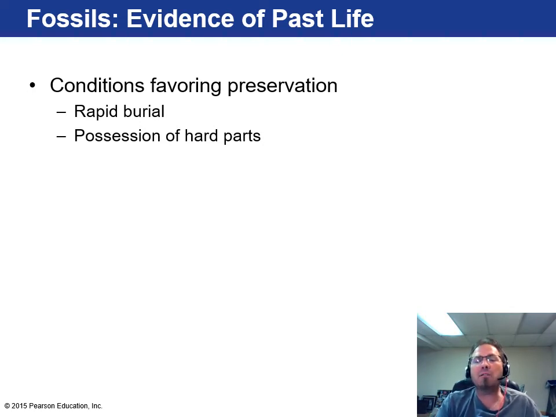But the snail also has a hard shell. That hard shell is what allows you to create the mold or cast, or in some cases, it'll actually be dissolved but then replaced by something else. So snail shells are a good example, because they crawl along on the bottom of something that could be buried quickly and then has that hard shell that could be left to fossilize.